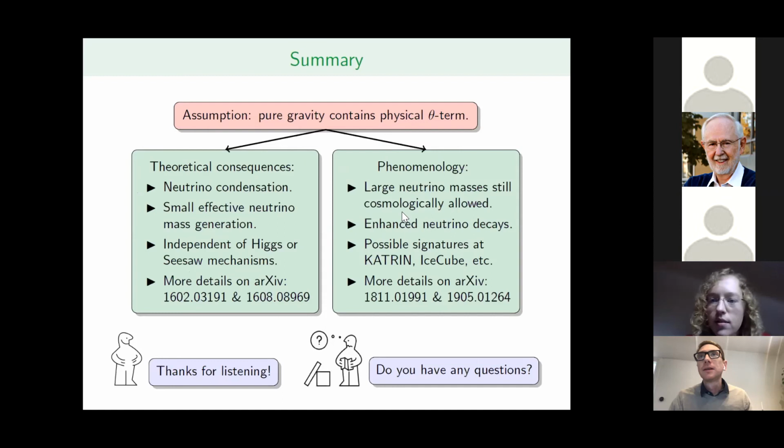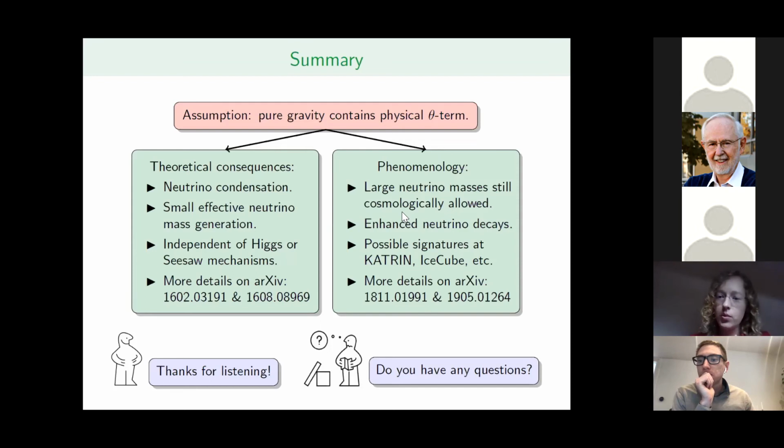Okay, so Amit was asking why we considered a gravitational theta term to generate the condensate. Naively, one would expect that since the theta term arises in QCD... No worries. So we have two different theta terms. We have one in QCD, one in gravity.